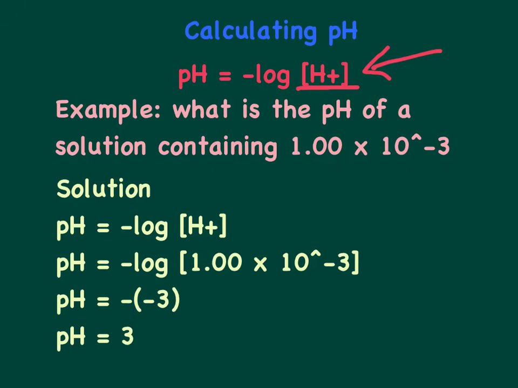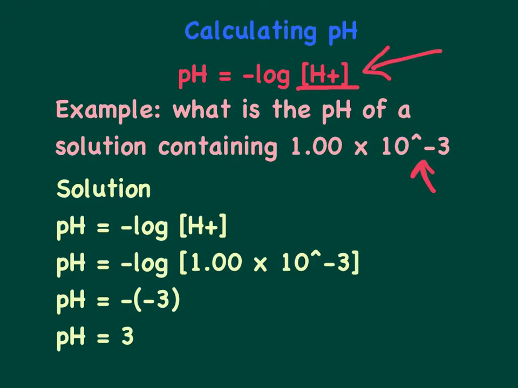And depending on your calculator, you either put in the concentration first and then press the log button, or you have to press the log button first and then put the concentration in. It just depends on your calculator. You'd have to play around with it. And I can't do superscripts or subscripts on this app, so if you notice right here, I've used that little hat symbol, which means exponent.